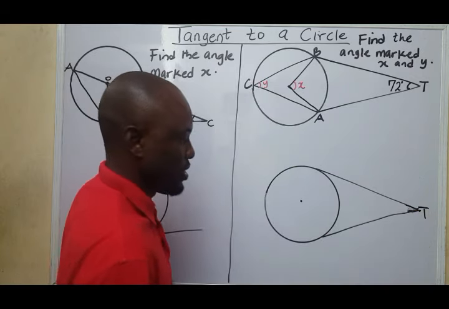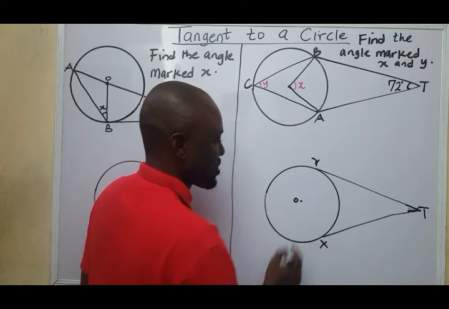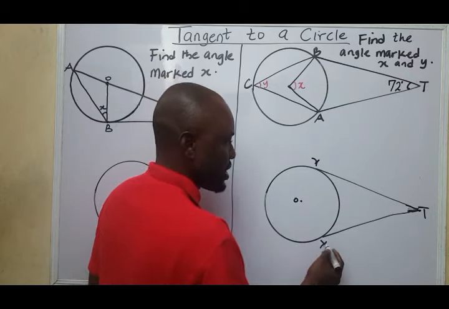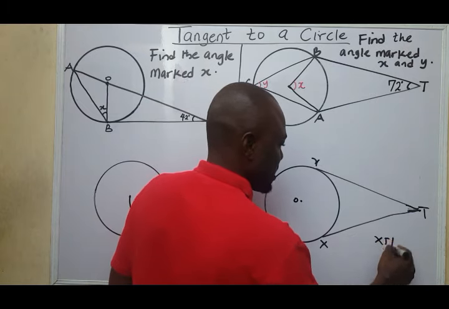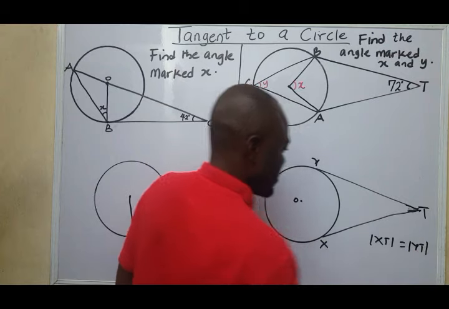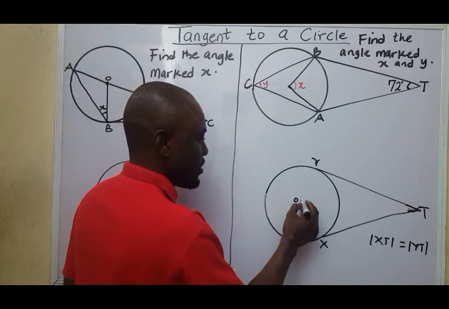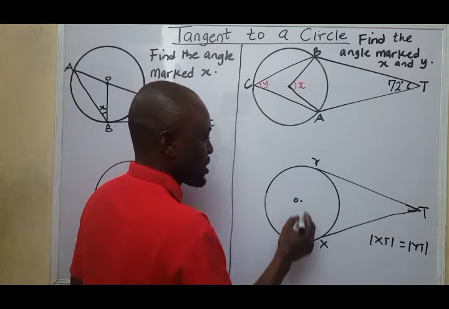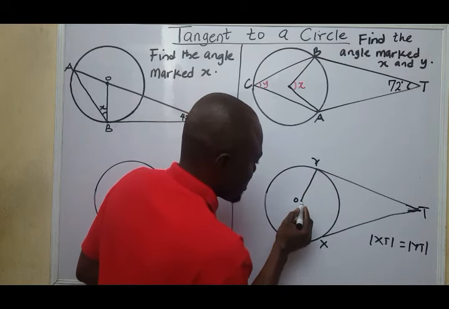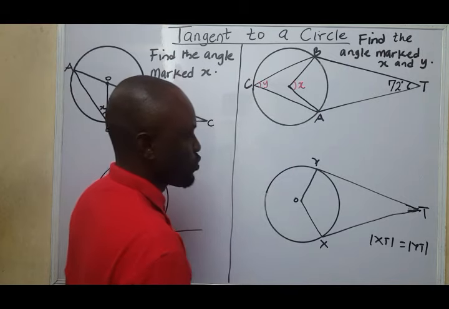Let's say the points of contact are X and Y, and the center of the circle is O. Now the distance XT is equal to YT. This is the point of contact and this is the radius, and this is another radius, so I have two radii.